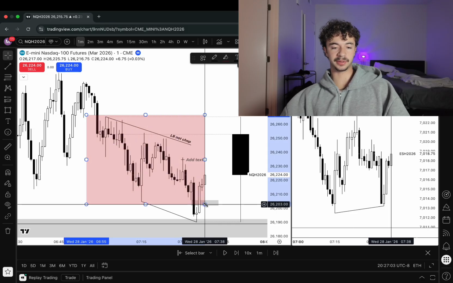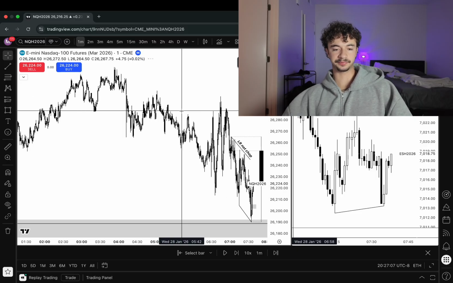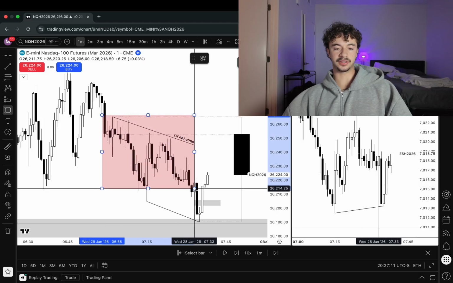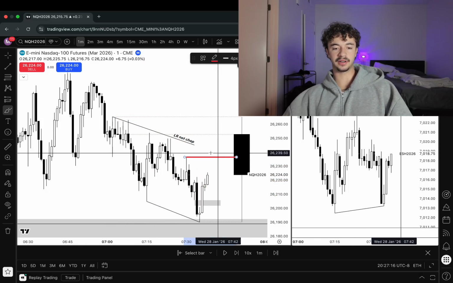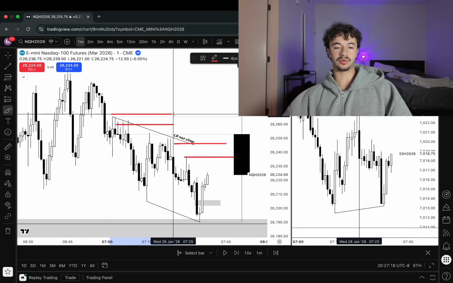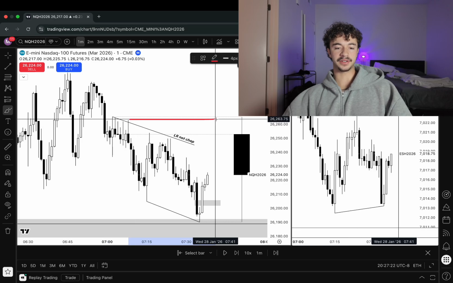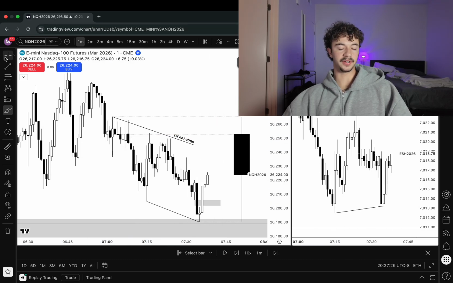And LR and chop can look extremely similar. But in this scenario, this is not engineered liquidity. This is just chop. LR is engineered liquidity, engineered highs, right, that support the higher time frame narrative, that are engineering highs for the higher time frame narrative to take out to fulfill orders.